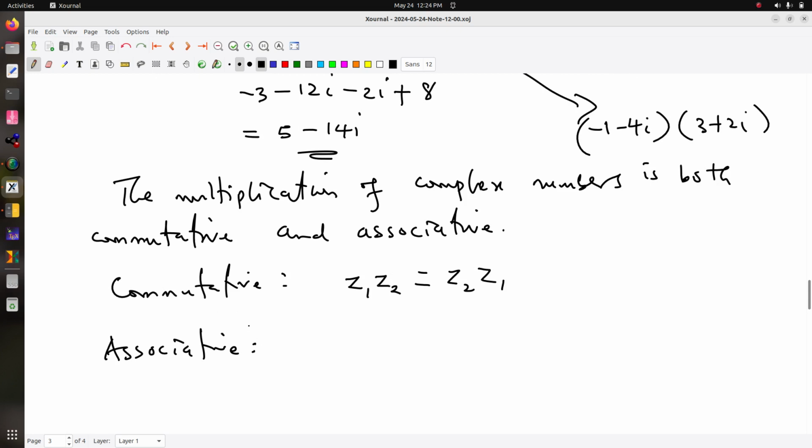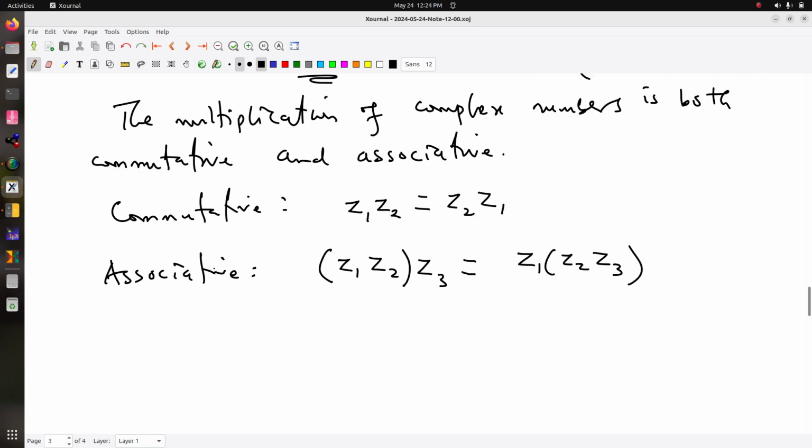What about associative? Associative means that if you first multiply z1 by z2, then you multiply the result by z3, it is the same as first multiplying z2 and z3, then multiplying the result by z1. So this is what we mean by associative. Okay, so they are the same.